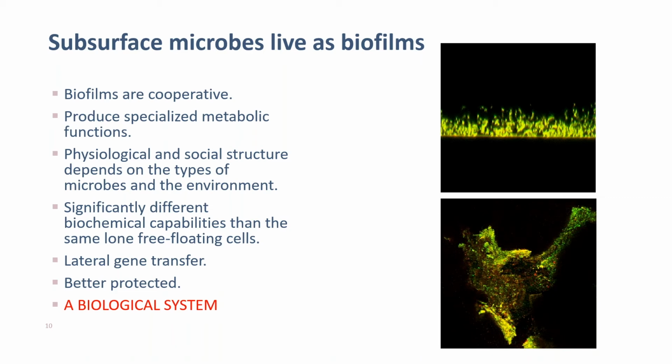There's a physiological and social structure that depends on the types of microbes in the environment that are making it up, but they can react and live and make niches and do their thing. And the biochemical capabilities of a cell in a biofilm could be very different than that of that same cell free floating, because now it has cooperation. It can do other things.